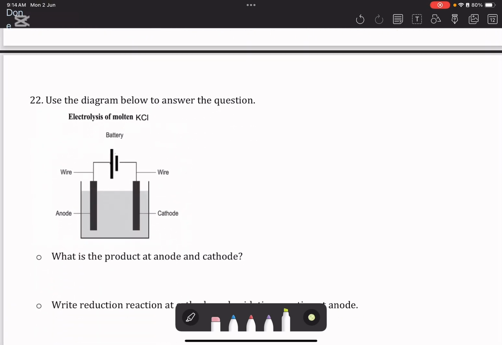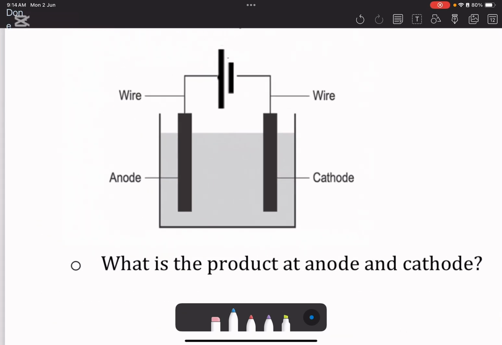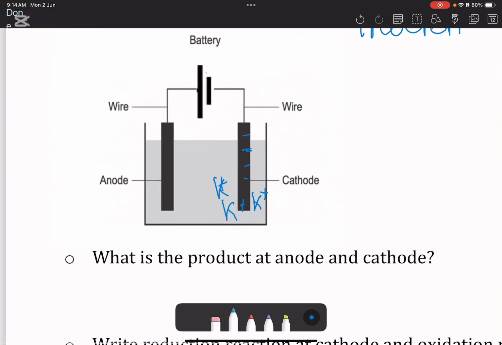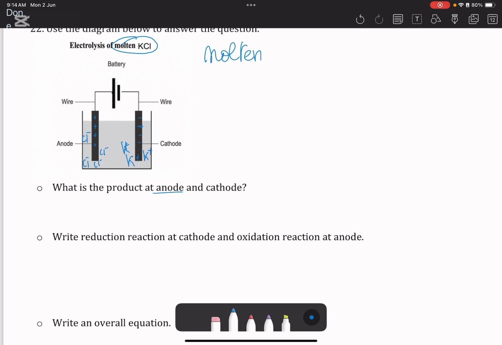Okay, now moving on. Use the diagram below to answer the questions. Electrolysis of molten KCl. In molten, we don't have to think about ions of water. So at the cathode, the K plus ions are discharged because the cathode is the negative electrode, so K plus will be attracted to it. And at the anode, which is the positive electrode, I have the Cl minus ions discharged, ready to do oxidation.